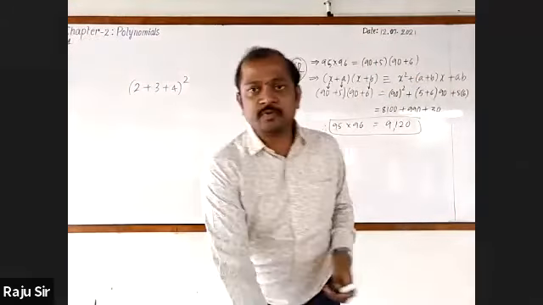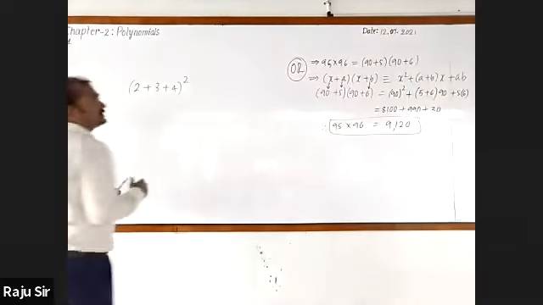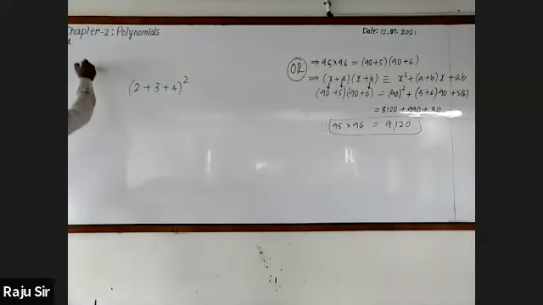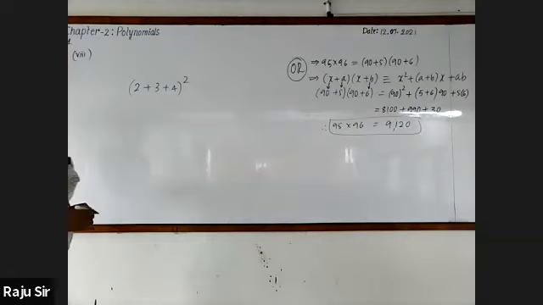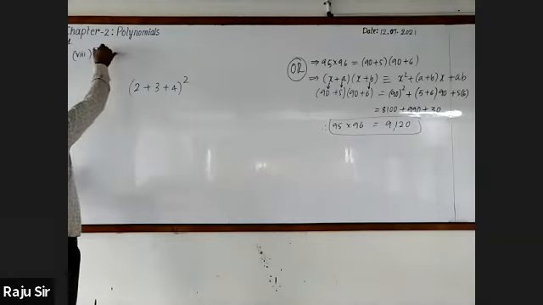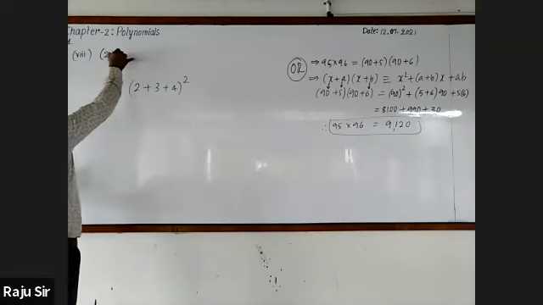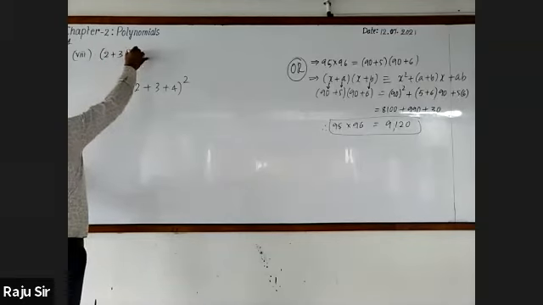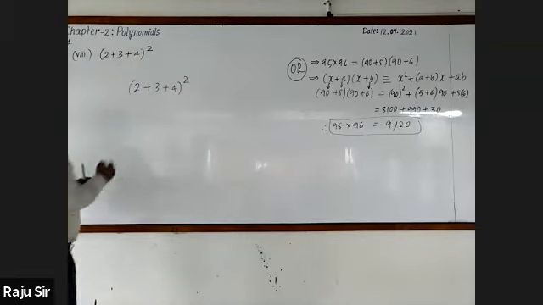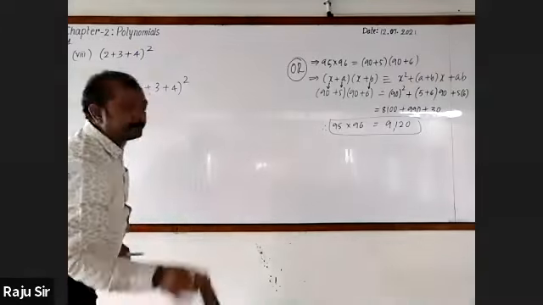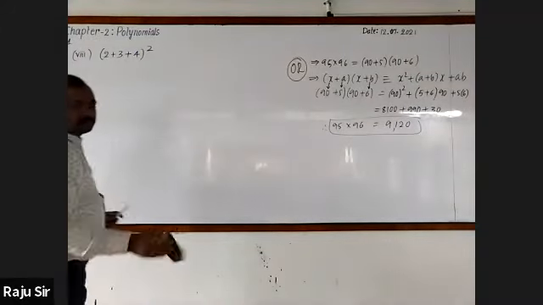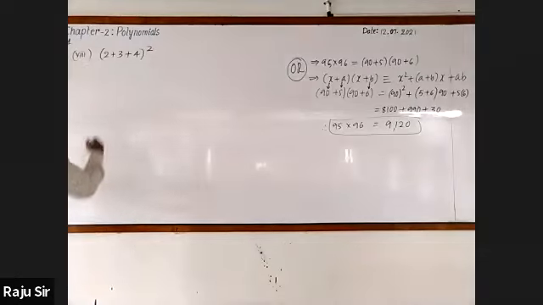So let us take (2 + 3 + 4) whole square. Start writing with me.